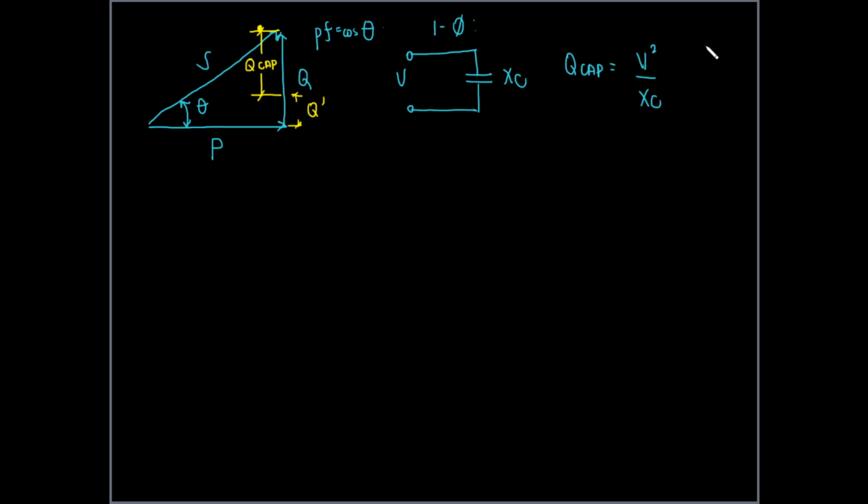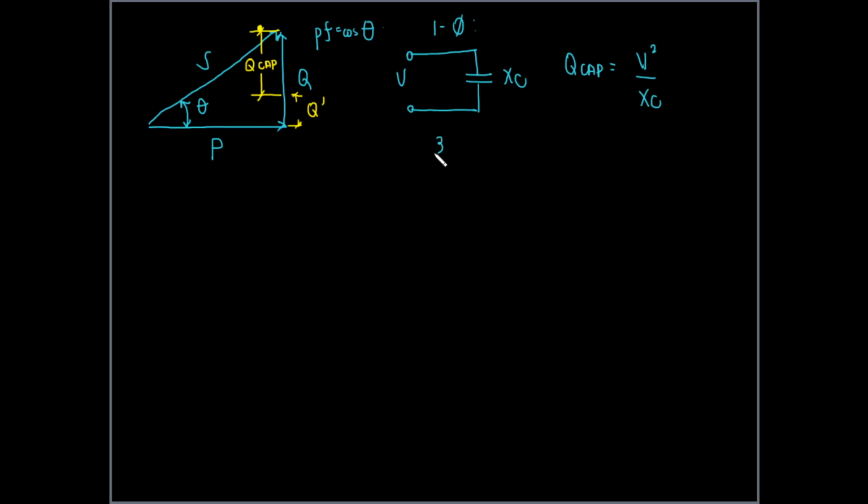It's a very familiar formula because you also have V squared over R when solving for real power. You also have I squared R for real power, which means you can have I squared XC also for Q capacitor. However, I is not usually given. It's the voltage across the terminals which is usually given. So very simple for single phase.